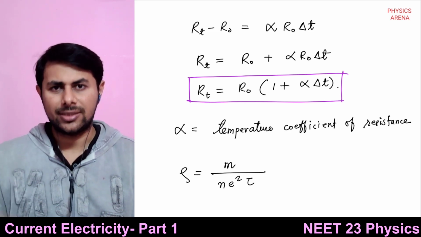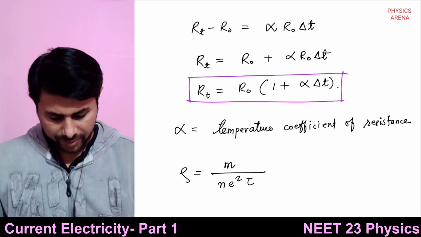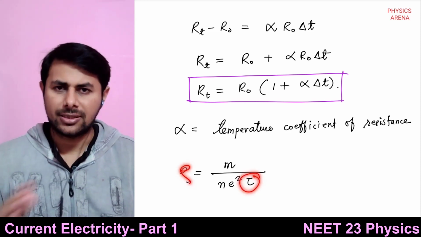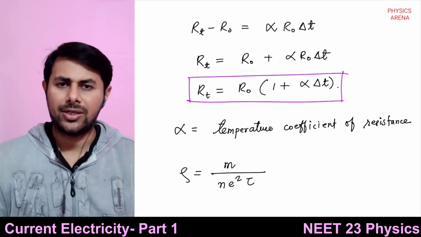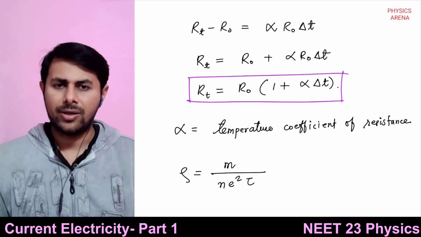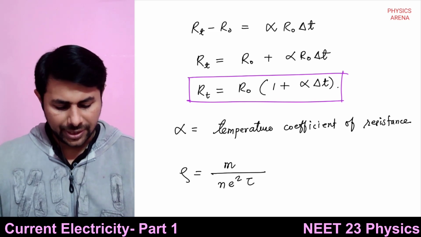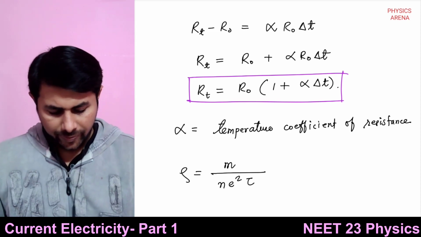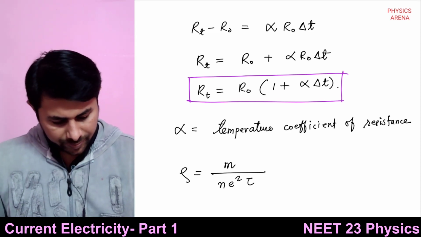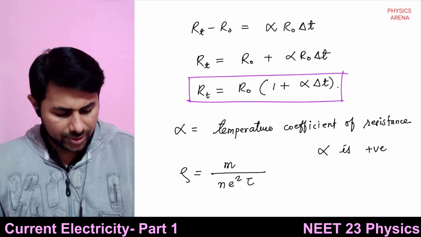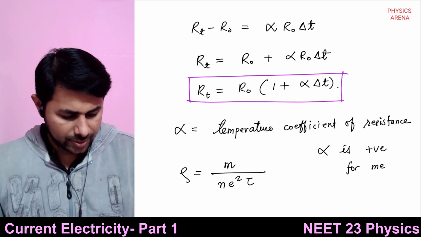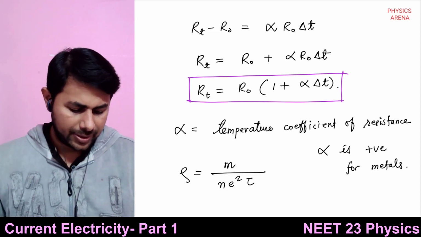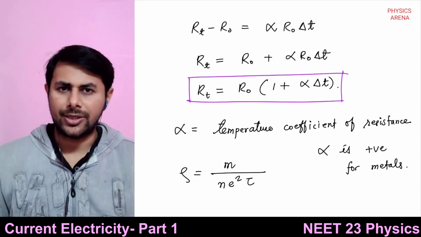So the average time between two successive collisions, which is tau, will decrease. If tau decreases, resistivity will increase. So in case of metals, the resistance increases in general with temperature. So alpha is positive for metals.